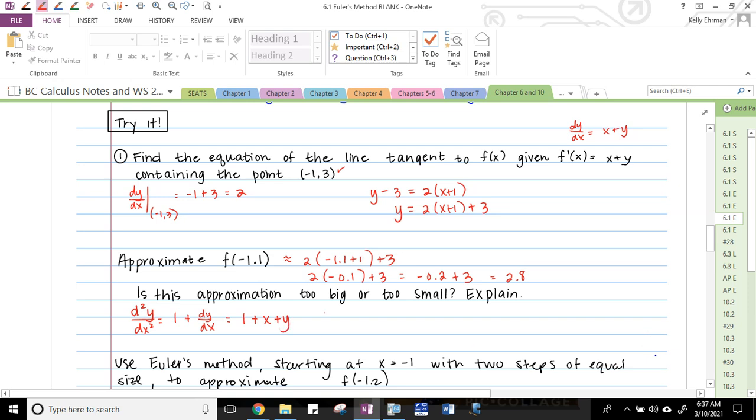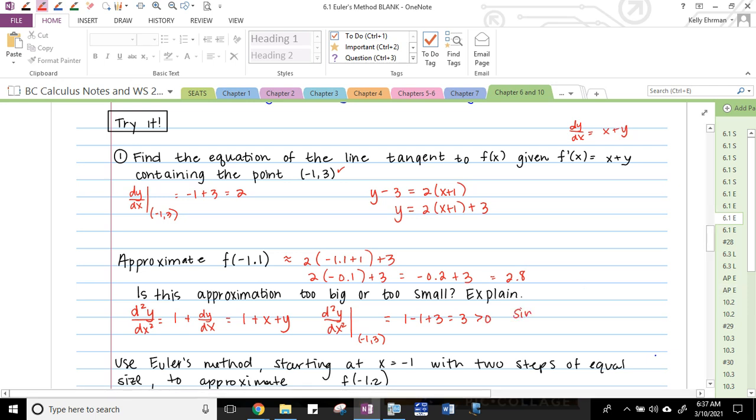And so finally, the second derivative evaluated at our point of interest, which is (-1, 3). I want to see what sign that comes out to be so I can tell if we're concave up or down. So 1 minus 1 plus 3 is 3, which is greater than 0.